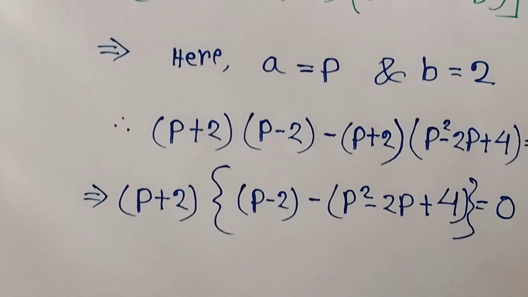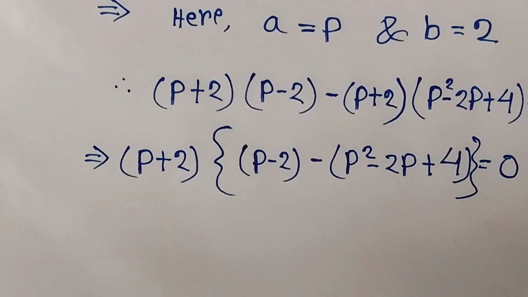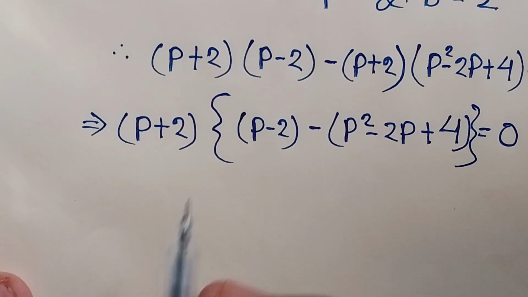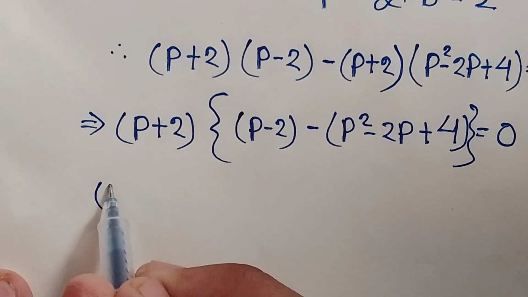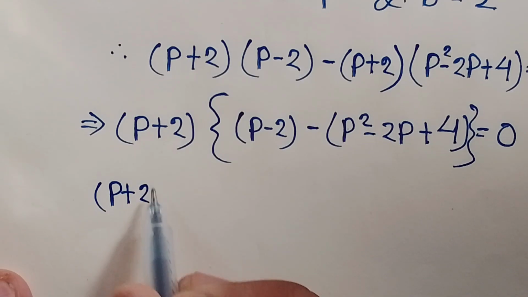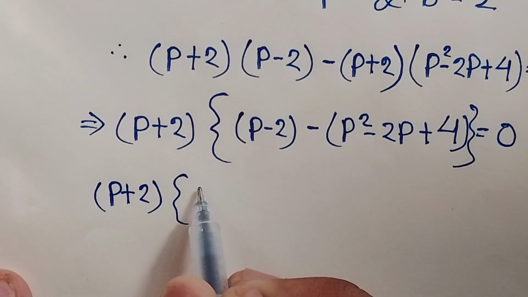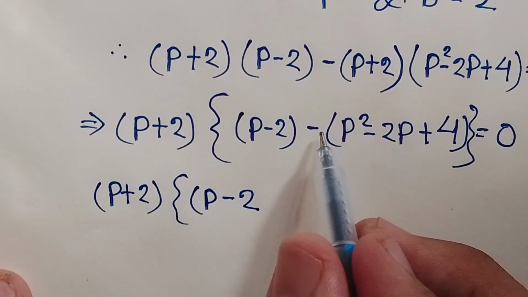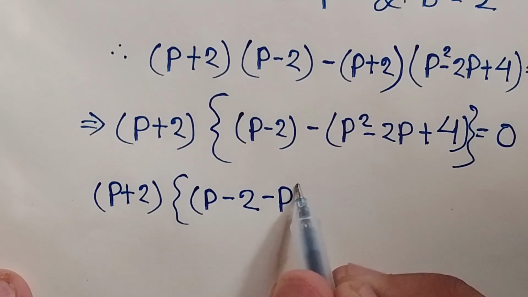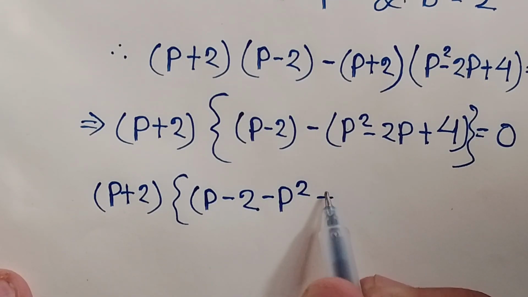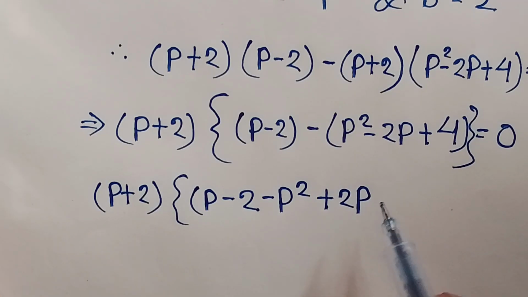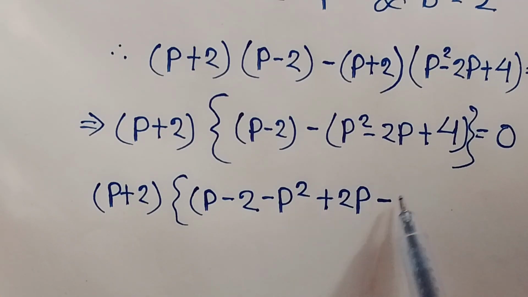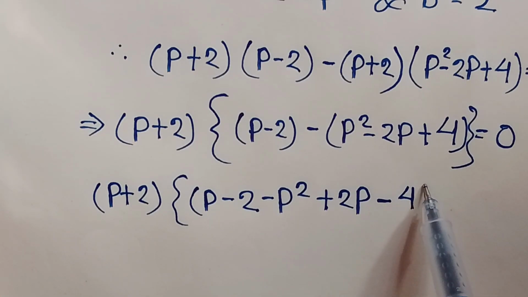Alright, after that we can get here p plus 2, second bracket p minus 2, and this minus and p square will be minus p square, and then minus and minus will be plus 2p, and this minus and minus will be minus 4 equal to 0.